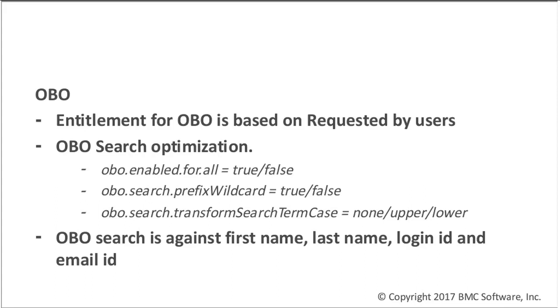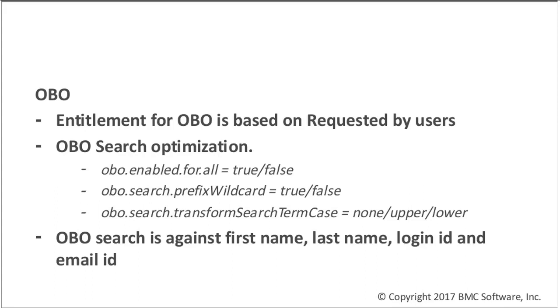But if your organization has a standard rule which says that anybody can submit on behalf of anyone, then we highly recommend you enable this configuration setting. What this does is it bypasses all the OBO rules and goes directly to the People form and searches for the user record for the OBO request. So this will improve the search performance as well.